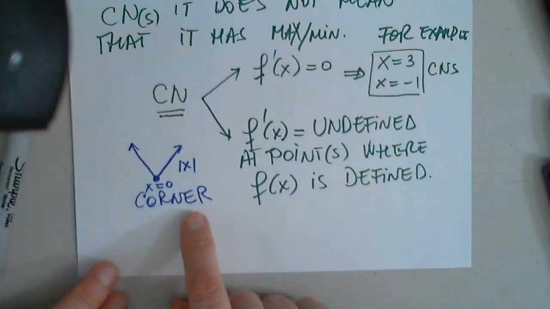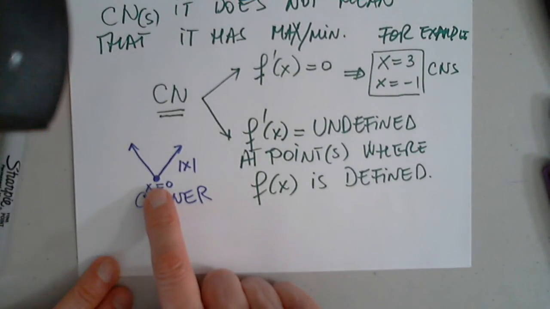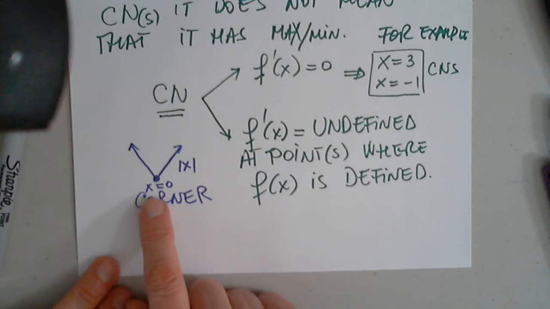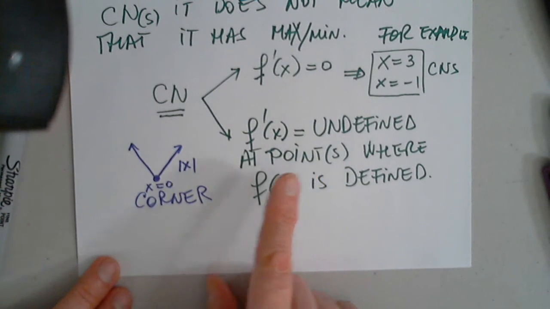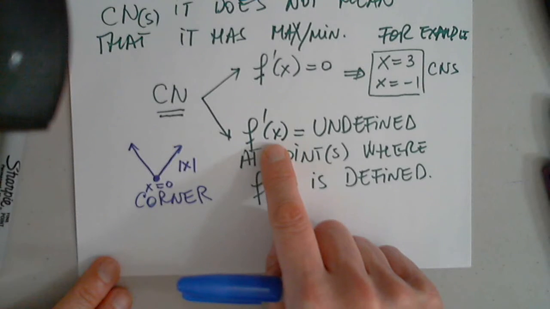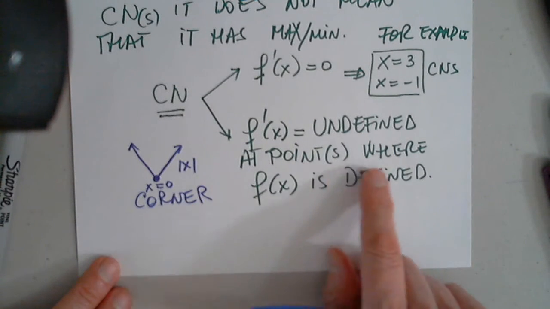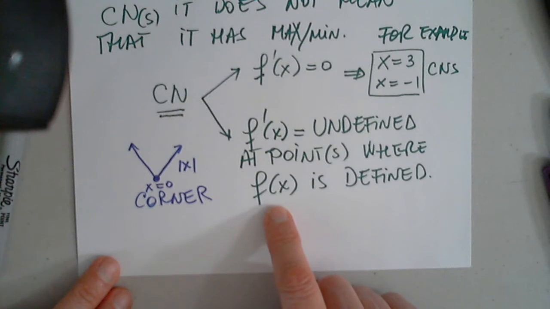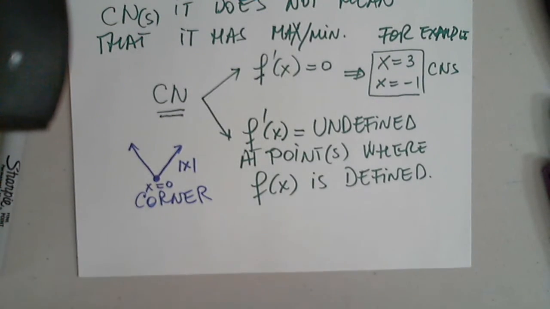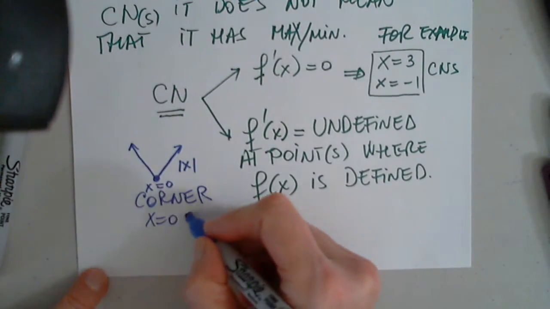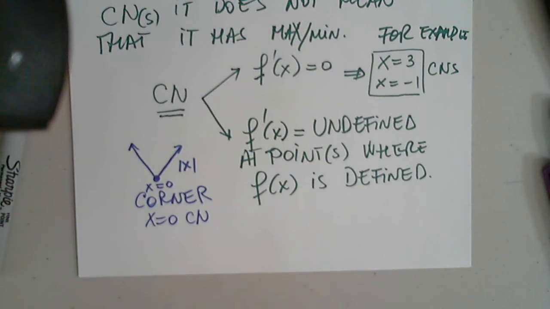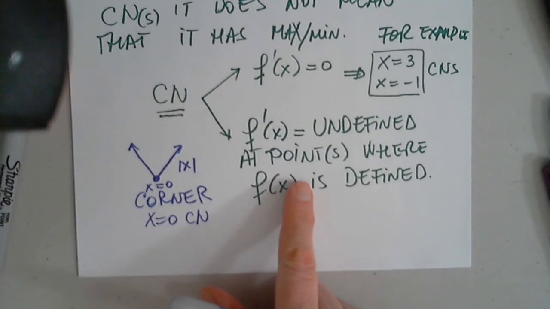So at this point, where the function has a corner, it's not differentiable. It's continuous, but not differentiable. So at this point, the derivative is undefined at 0, but the function exists at 0. So for this situation, x equals 0 is a critical number because the derivative is undefined, but the function exists at that point. So that's an example of this situation.